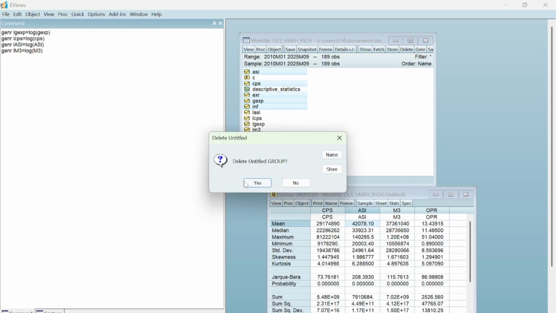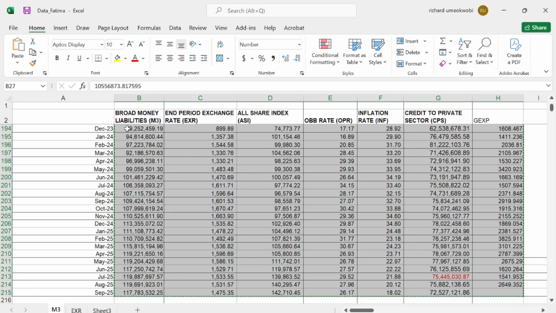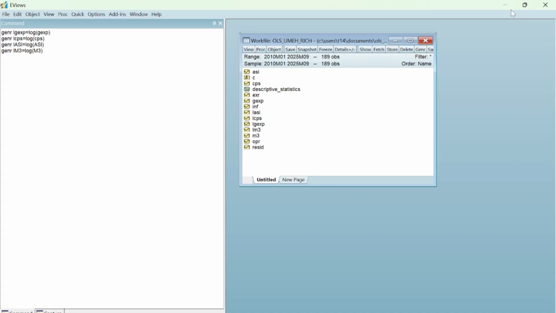How many variables do we have? Let me count from the Excel sheet: 1, 2, 3, 4, 5, 6, 7. So we are trying to look at how these variables affect inflation in Nigeria.